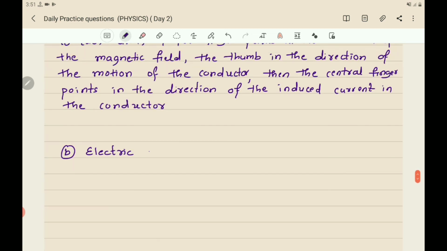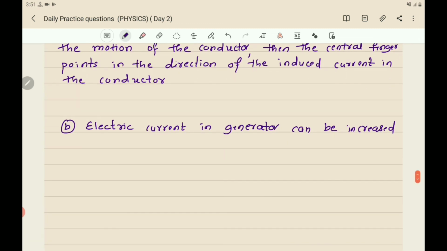So write, electric current in generator can be increased by increasing the number of turns in the coil.